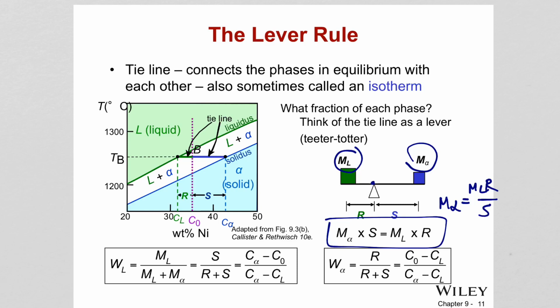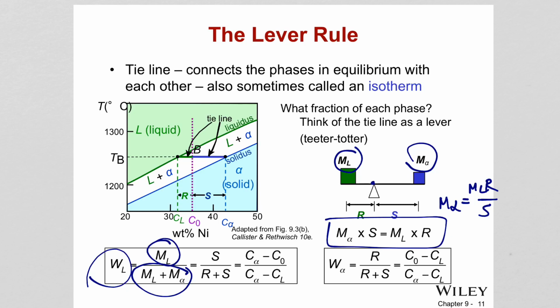Okay, now, if you want to calculate the weight fraction of the liquid, that means we are just dividing the mass of the liquid by the overall mass, meaning mass of the liquid plus mass of the solid.